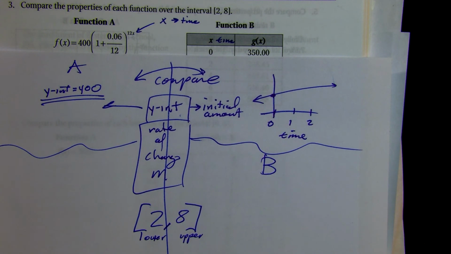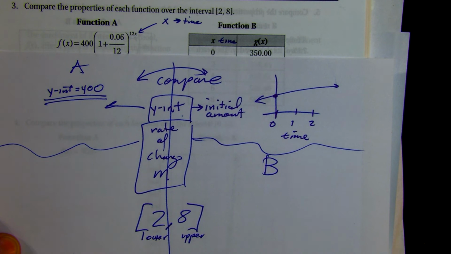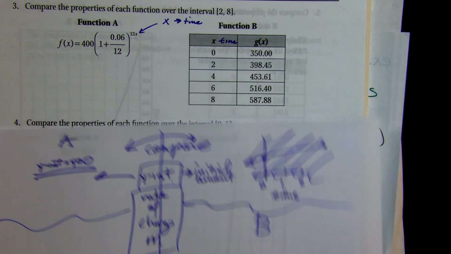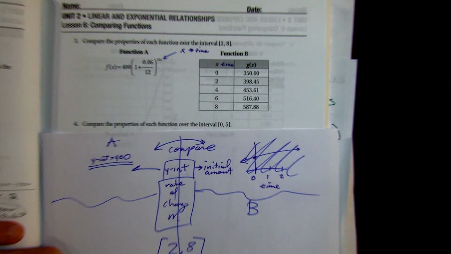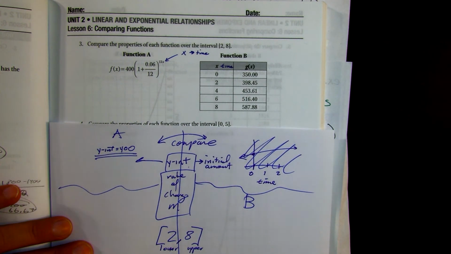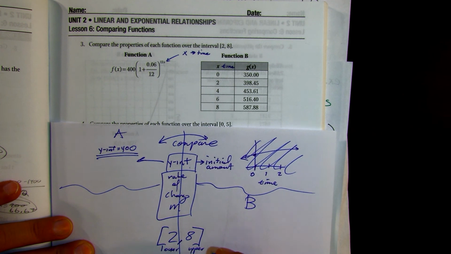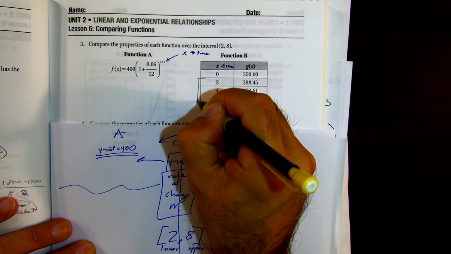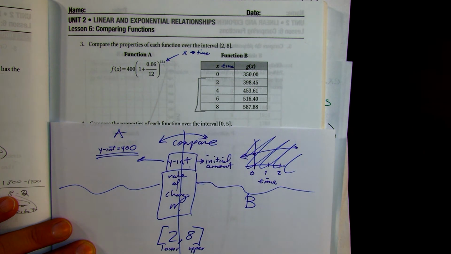Okay. So if that is the case, then I need to go in and figure out what is some information I know between 2 and 8. Up here, I know we're looking between the time of 2 and 8.